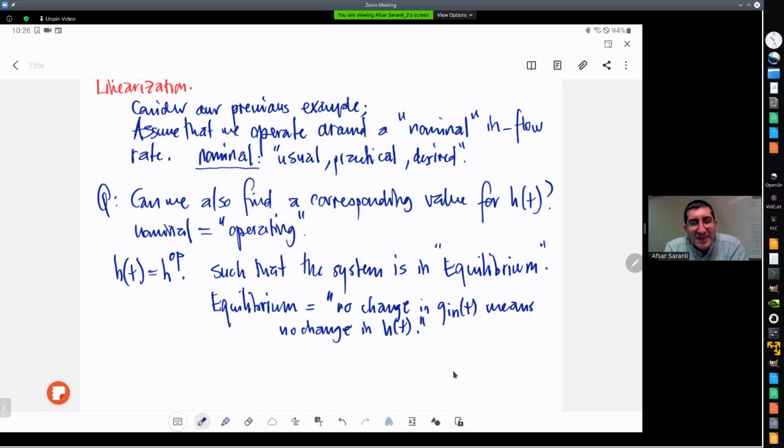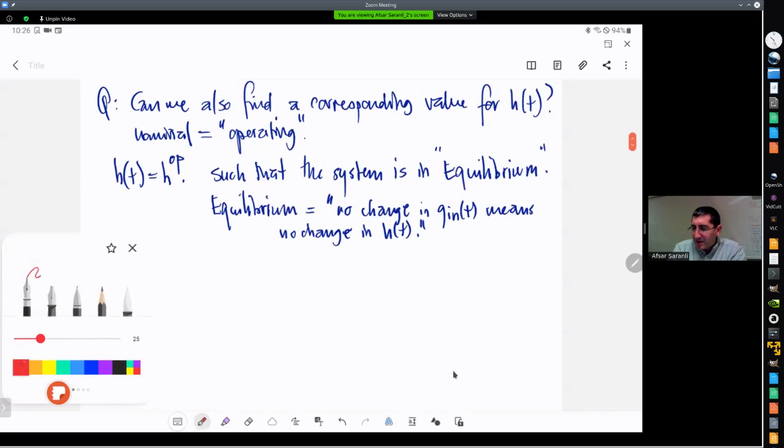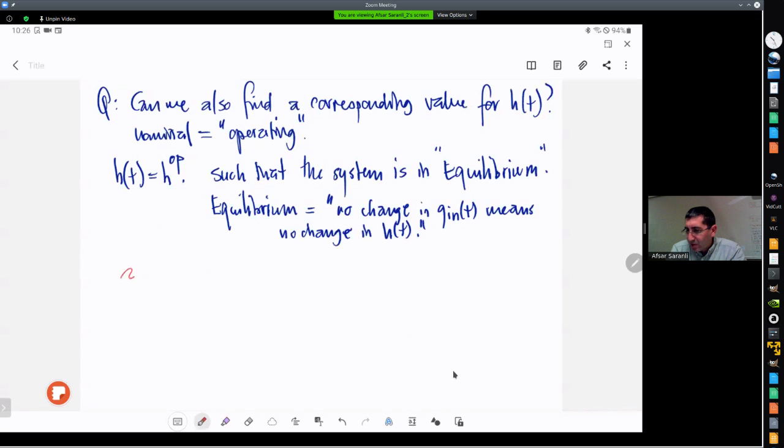So what is the mathematical definition of equilibrium? It means that you have no change. Equilibrium means that, we had a Q in front, but it is really dh of t over dt that is important. It has to be equal to 0.